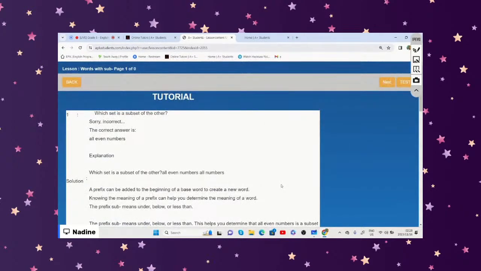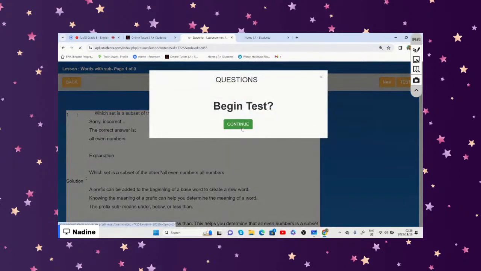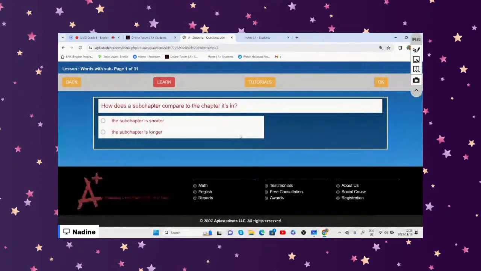All right, so now we're going to our test. How does a subchapter compare to the chapters it's in? Is the subchapter shorter or is it longer?